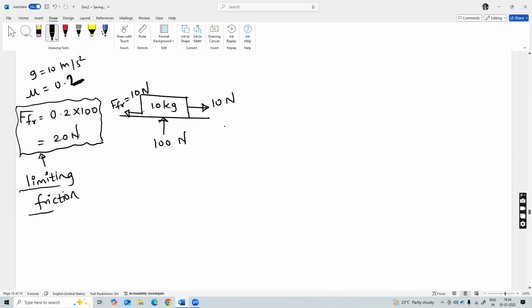Now if you consider the same case, a 10 kg mass, you know that the normal reaction is 100 Newton, and let's say you apply 15 Newton in this case. Again 15 Newton is less than the limiting friction value, and therefore this object will not move, and the frictional force acting will be equal to the force applied, that is 15 Newton.